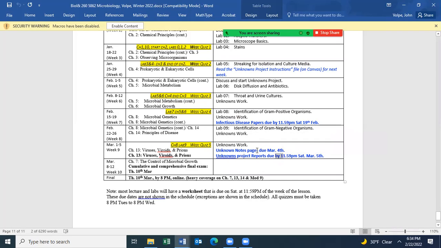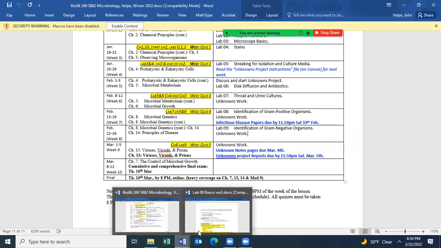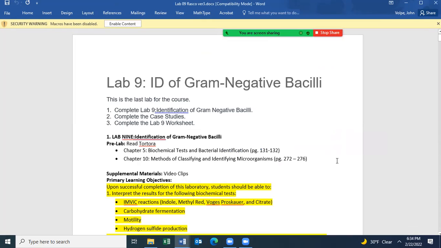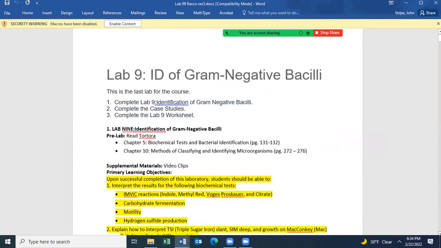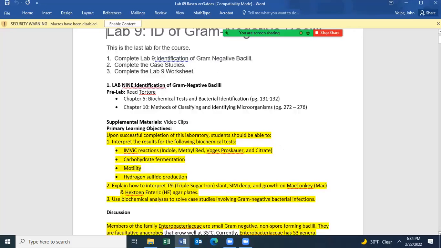All right, let's take a look at lab 9. Lab 9, the identification of gram-negative bacilli. You have some reading to do, not very much this time, before you do lab 9.